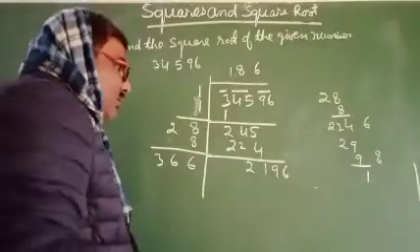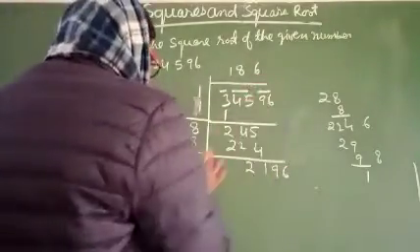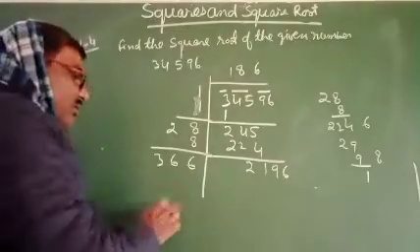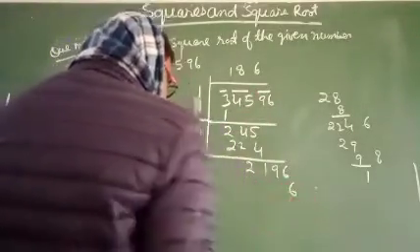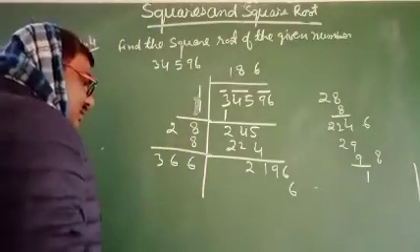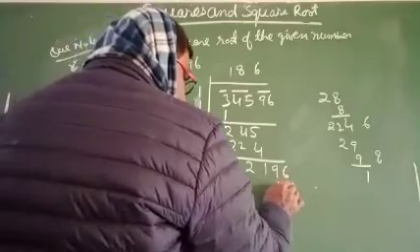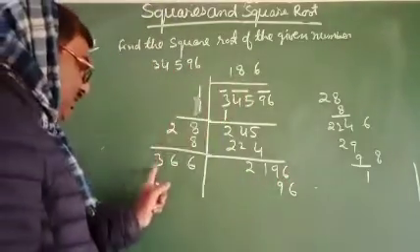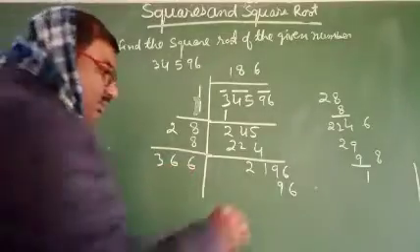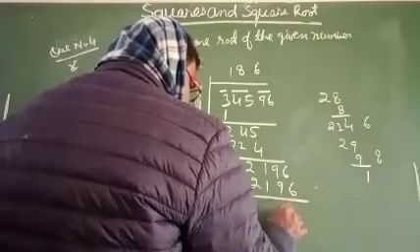So here will be 6. Now I will multiply 6 by 366. Then it will be 6 times 6 is 36, 6 carry 3, 6 times 6 is 36, 36 plus 3, 39, 9 carry 3, 6 times 3 is 18, 18 plus 3, 21. Now here will be 0.